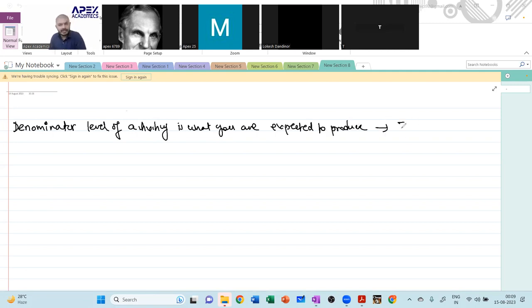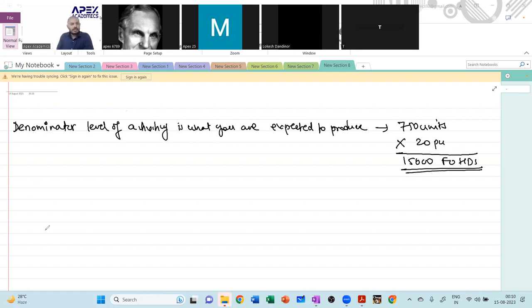In this case, it is 750 units. This is absorbed at the rate of 20 per unit, and this comes to 15,000 as your fixed overheads. What are your fixed overheads? 15,000.